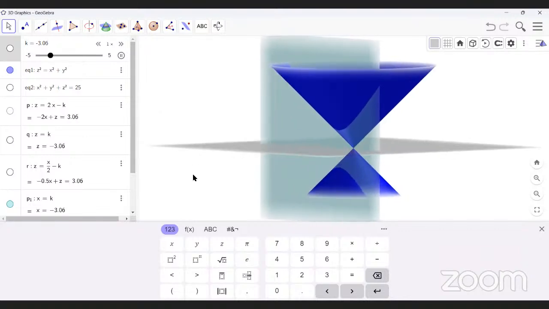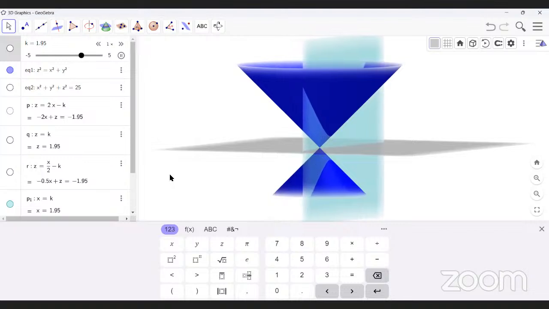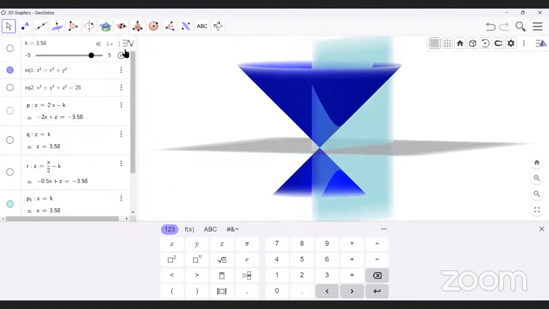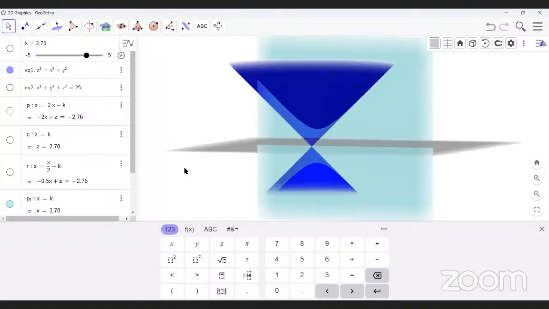The hyperbola అనుకోండి, I'll intersect such that my plane is intersecting both the cones, upper cone and lower cone. I'll get a hyperbola. Now pair of straight lines ఇచ్చారనుకోండి, that also I can fit on a conic. ఎలా? I'll pass the plane through the vertex. అప్పుడు ఒక pair of straight lines వస్తాయి.